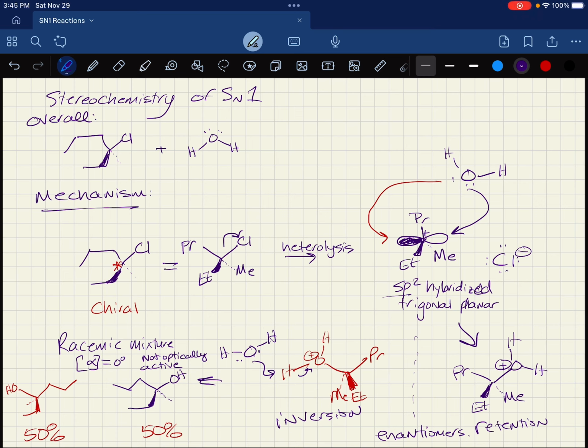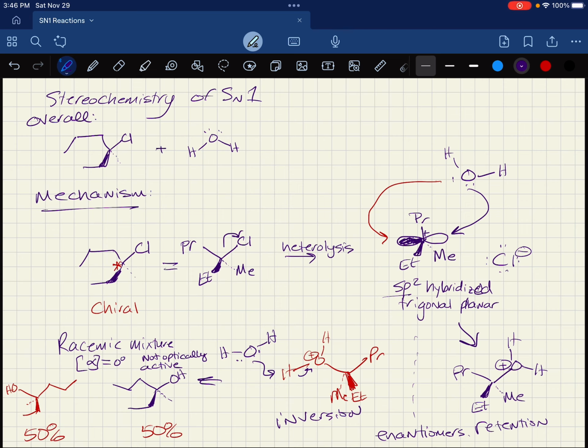So I just like to focus on retention being where the nucleophile is on the same side as the leaving group, and inversion being where the nucleophile is on the opposite side. With SN2, we always get inversion. With SN1, we're going to get this 50-50 mixture of the two enantiomers. This is one of the ways that you can tell that a reaction is SN1.